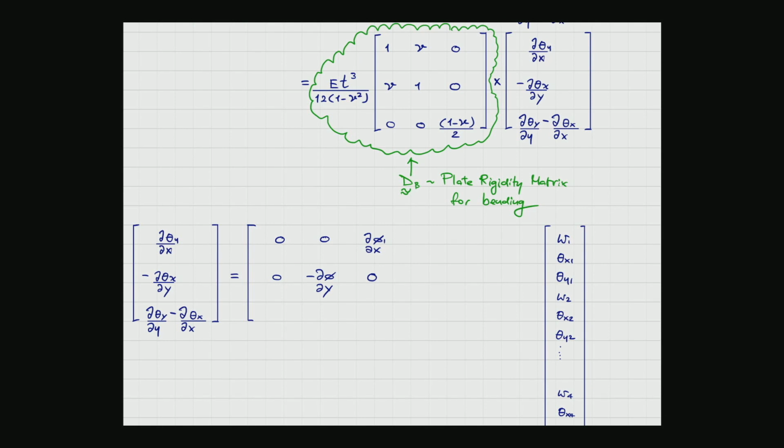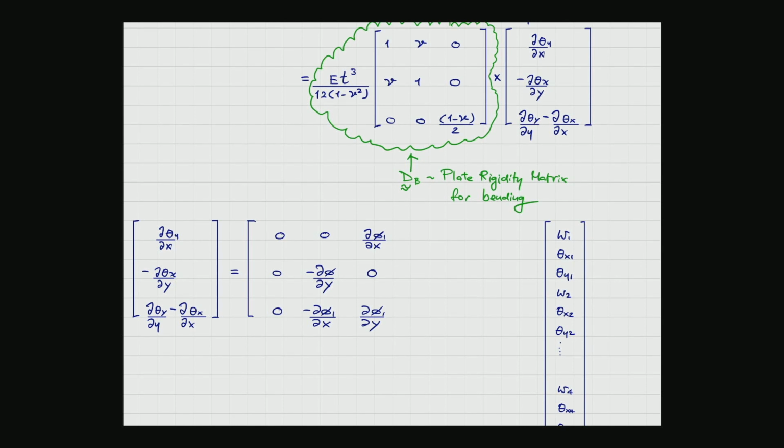And the last one, 0, theta y with respect to y minus theta x with respect to x. Shrink it down a little bit.